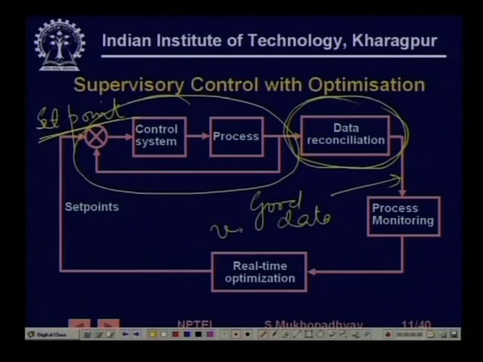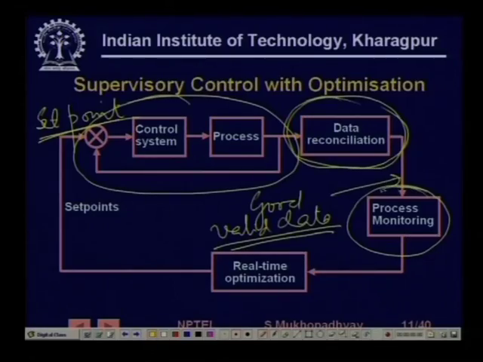Now, based on that, you may like to compute various kinds of performance indicators of the process. What is the production volume, what is the deviation from quality, what is the magnitude of the control input, what is the input energy that has been consumed, what is the agility of the plant, what is the dynamics if there is a set point change, what is the process variability.